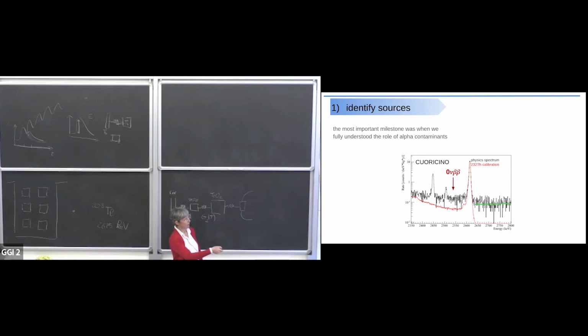Either in the spectrum and in my calibration, I see this peak. And the reason why the two peaks have the same height is just that I have normalized the calibration to the physics data. So the rate is completely different when I'm calibrating.